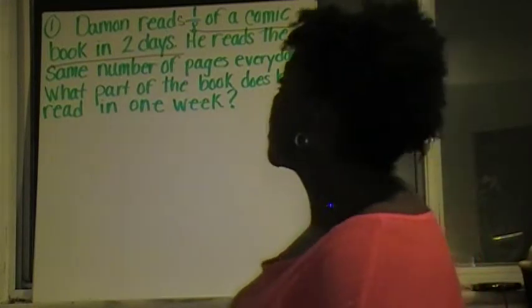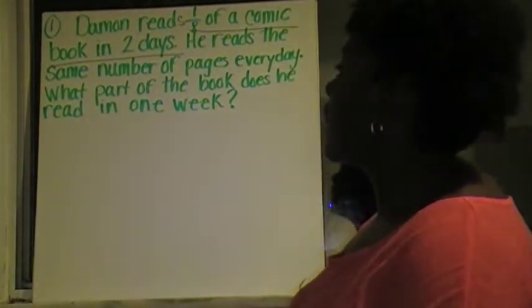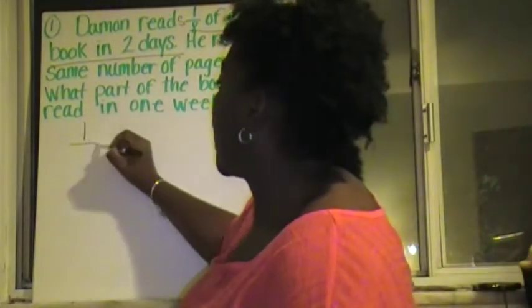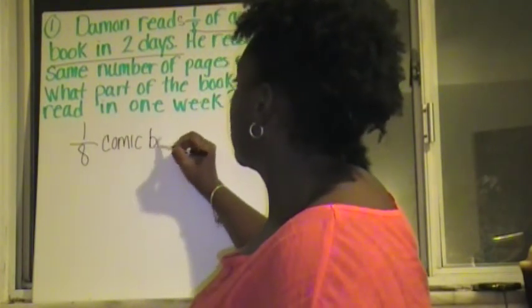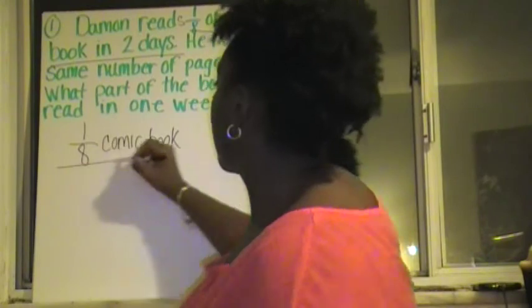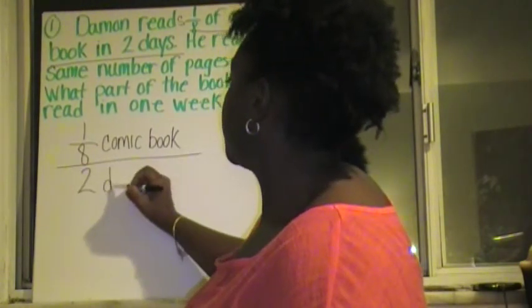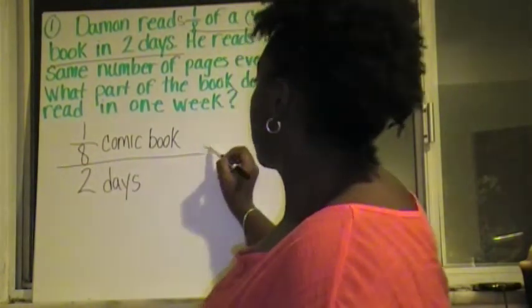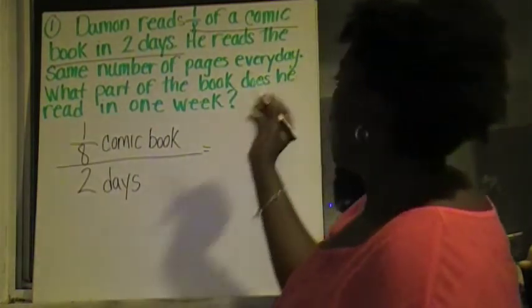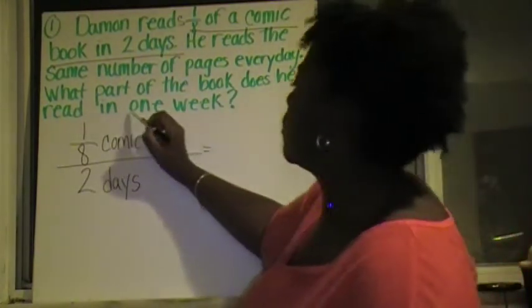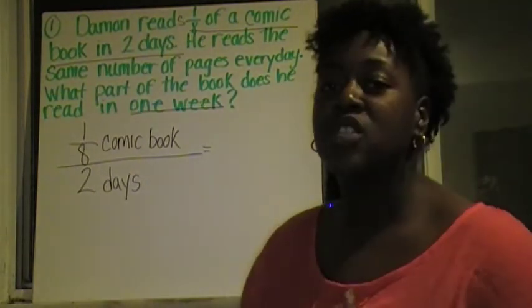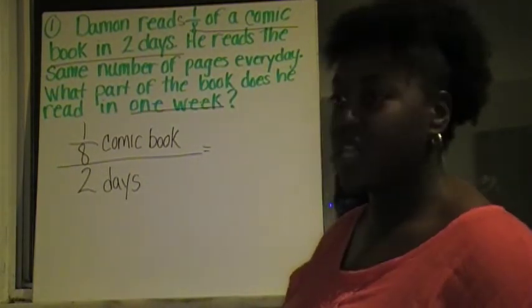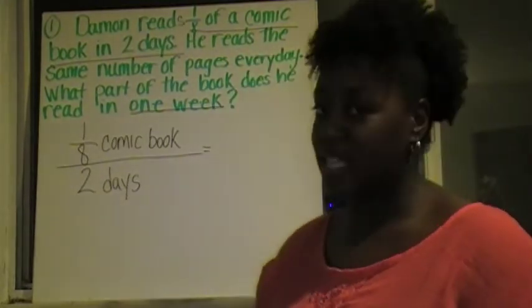Okay, so let's look. So we know that Damon can read 1/8 of the comic book in 2 days. Now it says, what part of the book does he read in 1 week? 1 week. So I know this is the unit rate, but in the rate, it did not give me weeks.